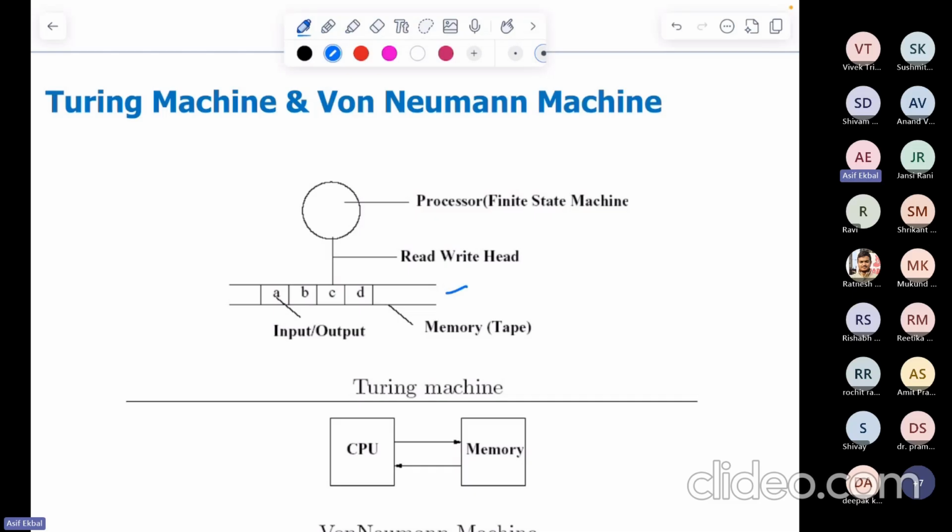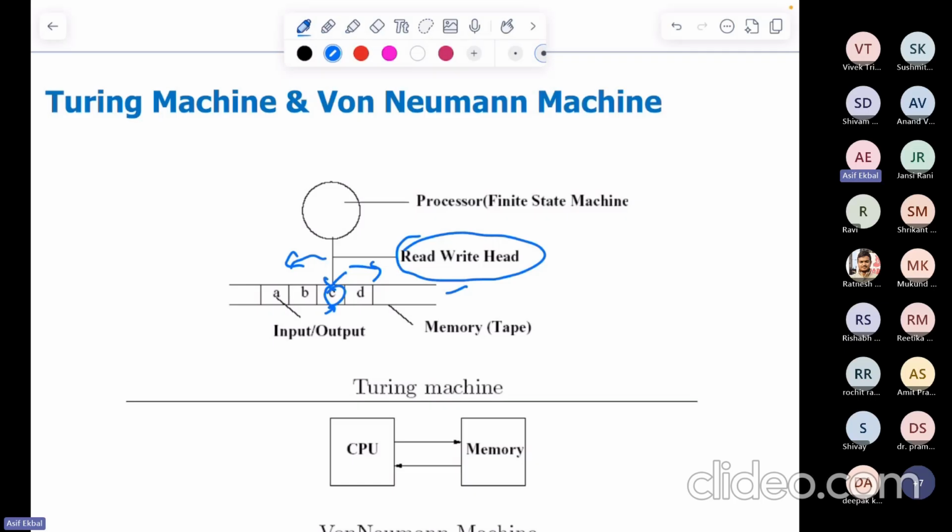Then there is a scanner, the read write head, which points to a particular symbol. For example, currently it is pointing to the symbol C, and then it will make a movement, either in the right direction or the left direction. After reading C, it will decide in which direction to move.